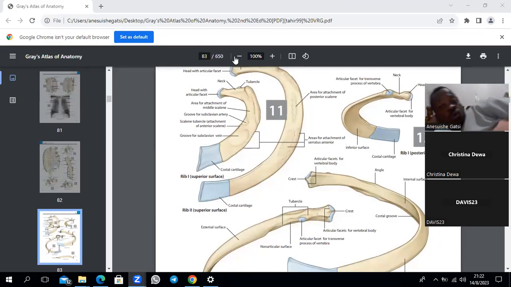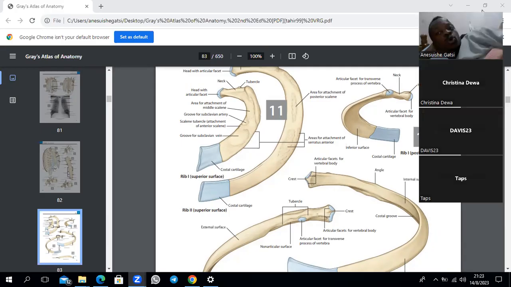Right. So, what I was saying is we can classify ribs into true, false, and floating, or we can classify the ribs into typical and atypical.